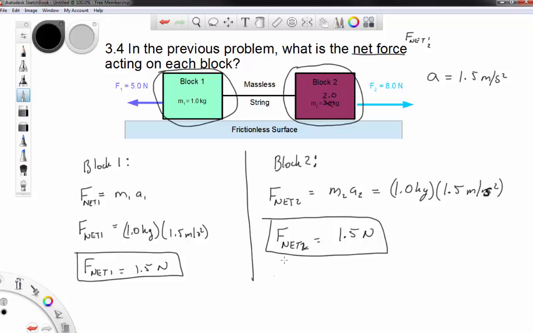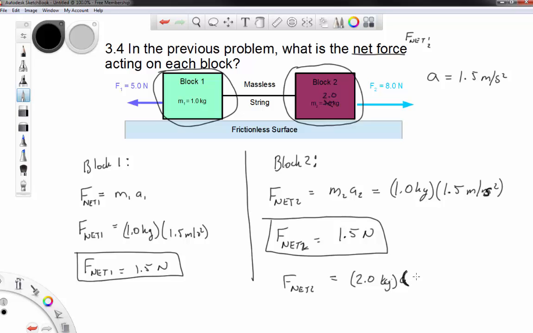Well, then instead of having 1.0 kilogram here, we would have F net 2 is equal to 2.0 kilograms times whatever the acceleration of the system is. Let's say, for the sake of argument, that we apply a different amount of force here and here so that the acceleration stays 1.5.